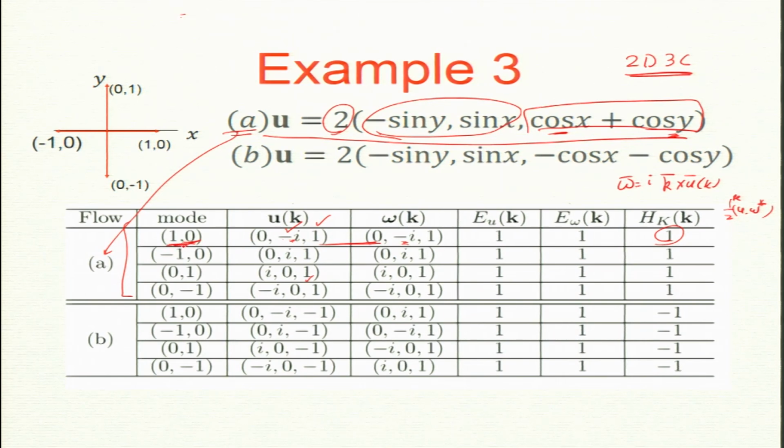So k dot u real cross u imaginary is finite and it happens to be 1. You can compute them by that formula and you will find this. Real and imaginary parts are both non-zero and perpendicular, and that was maximally helical. This property holds for all of them, and all of them have maximally positive helicity.